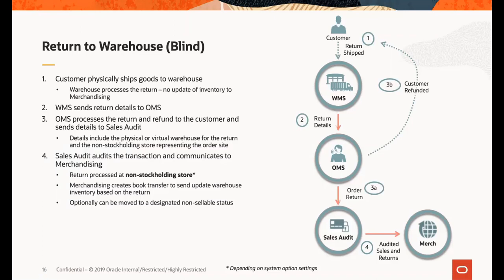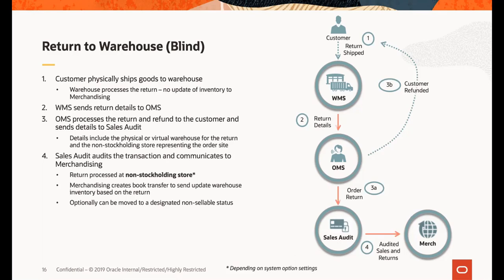You can also designate an unavailable status. So if the warehouse is told by order management, or maybe just as a standard process, that there's an unavailable status that returned items get returned into, then that can also be sent as part of the return transaction, and merchandising can automatically move that to unavailable status as part of that book transfer.